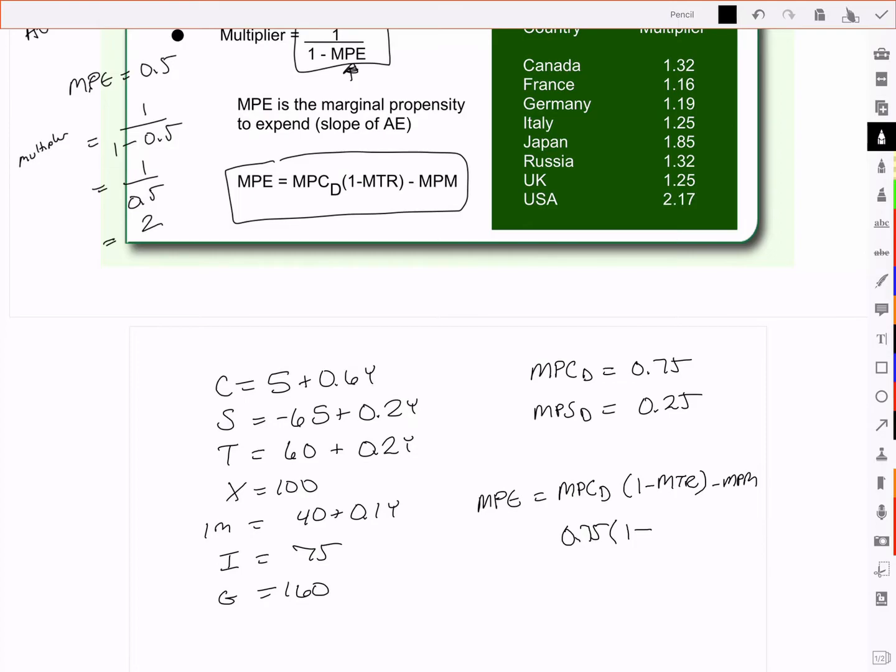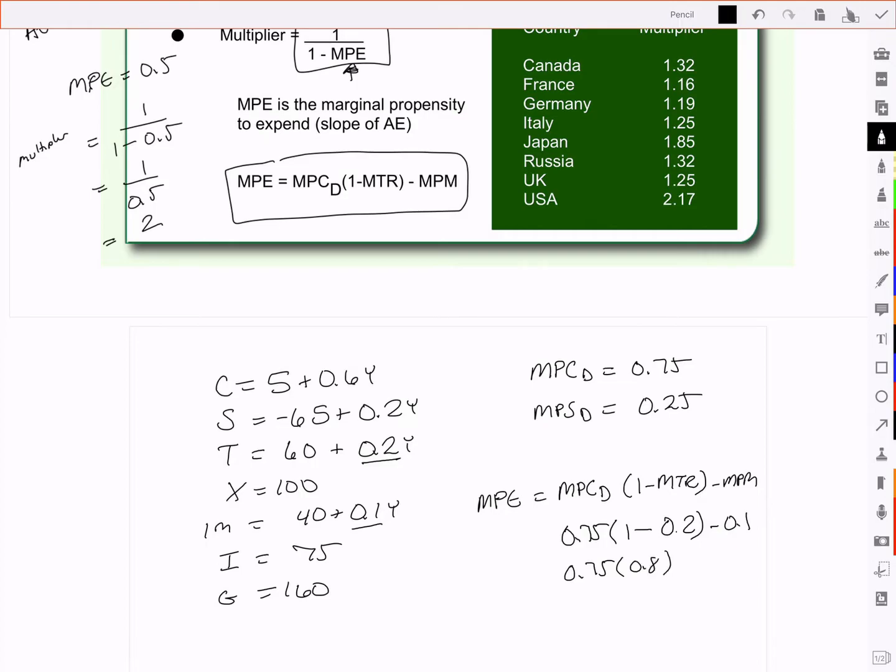We can find the marginal tax rate because our tax formula is 60 plus 0.2y, so the marginal tax rate is 0.2. And we can find the marginal propensity to import because we have the import function, and the slope of it is 0.1. So we have 0.75 times 1 minus 0.2, minus 0.1.